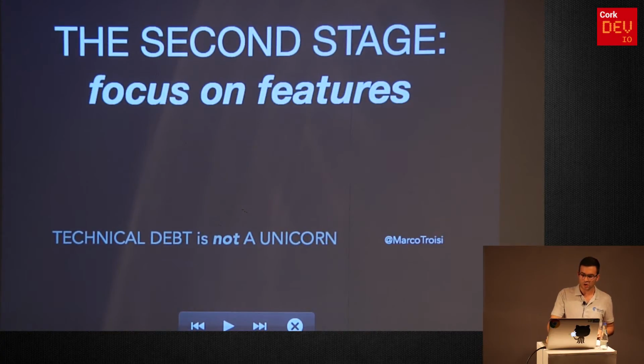The second stage of growth in a company is the focus on features stage. Now, this is a stage where life is supposed to be really good, because if you did well what you had to do in the first stage, this is a stage where you can very happily write new features, add new features, as customers' feedback comes in, as management decides to maybe slightly change the direction of the product, or just simply to add a new feature or to change something.